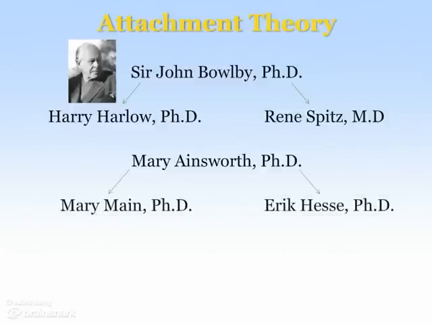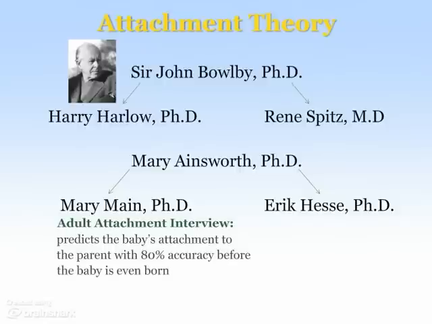Now, I'm going to mention the work of Mary Main and Eric Hesse. Attachment research has been done all over the world and across cultures at this point, but I'm going to particularly mention the additions that Mary Main and Eric Hesse made to attachment. One of those additions was the development of the Adult Attachment Interview. This is a research instrument where you interview an adult, a parent, or a soon-to-be parent, about their childhood, and that stresses people enough to reveal their attachment pattern in terms of how they're able to talk about their own early experiences while staying in good relationship with the person interviewing them.